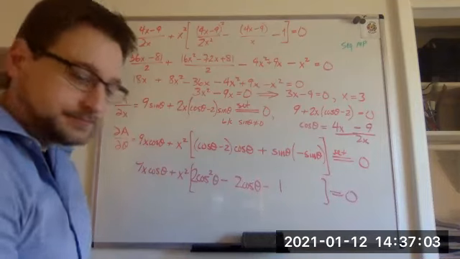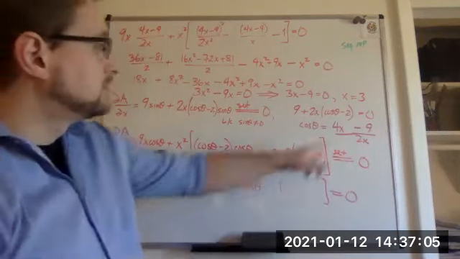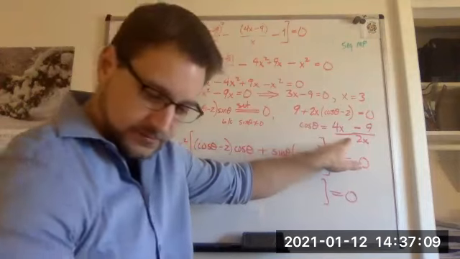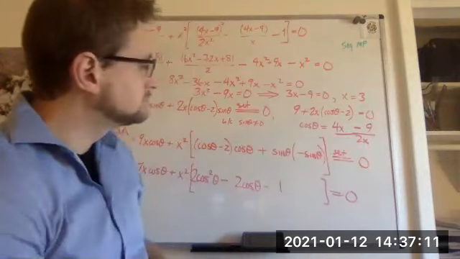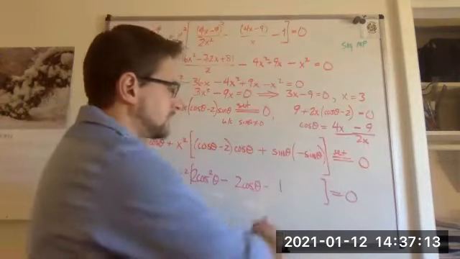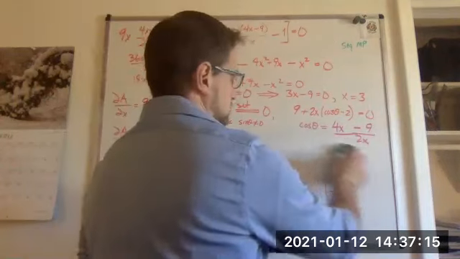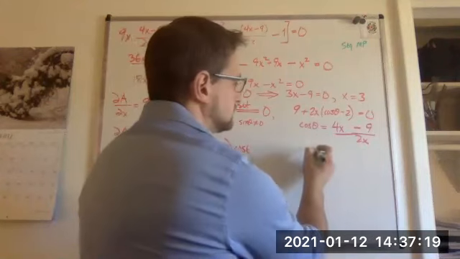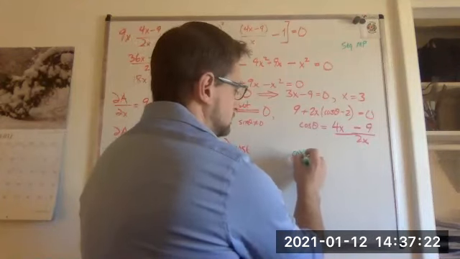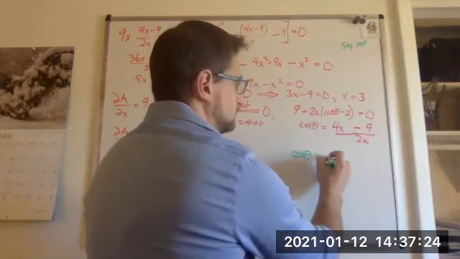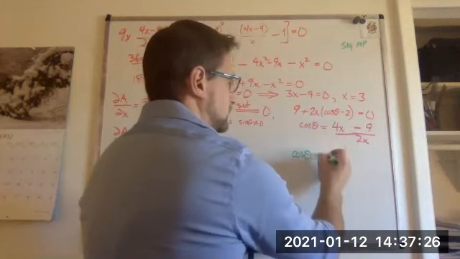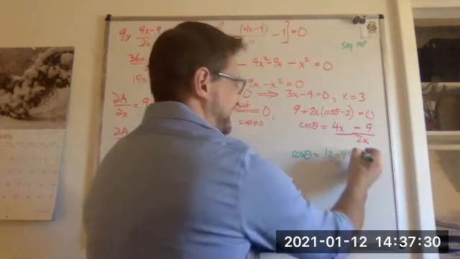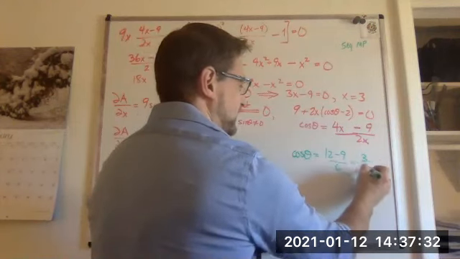Okay. So let's plug 3 back into this equation. Well, minus 9 over 6 is 1/2.